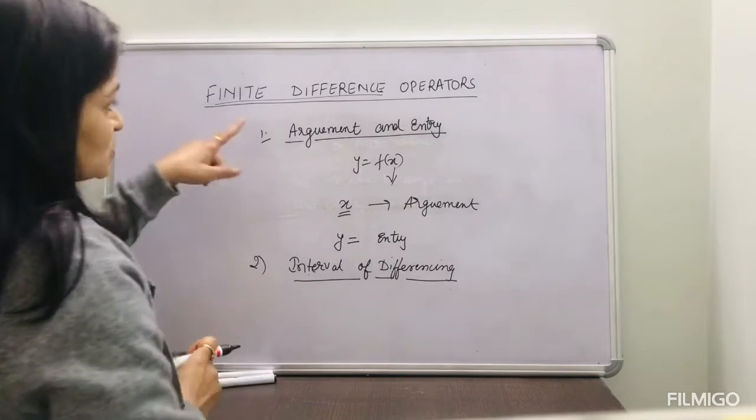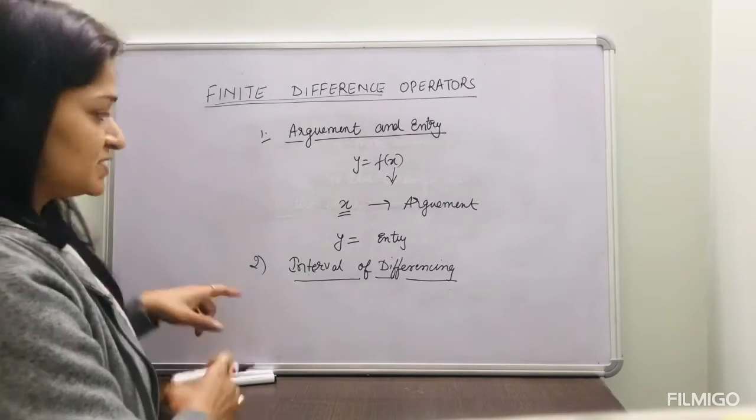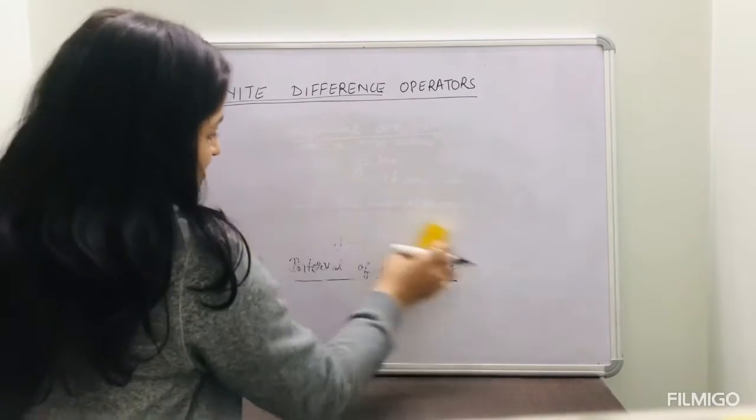After this, first we have argument and entry. Second we have interval of differencing. And third, now we are moving to the operator term.